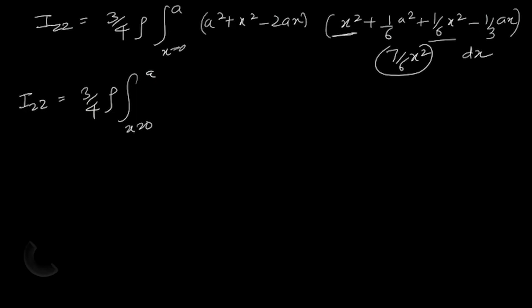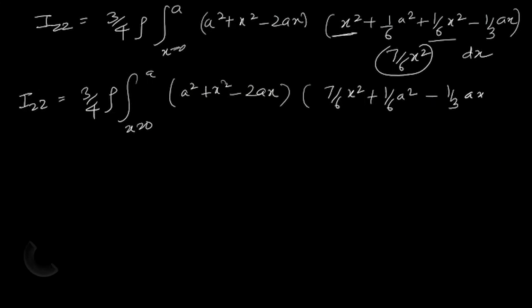So let's multiply these two terms. Let's first write it. So a squared plus x squared minus 2ax, times 7 over 6 x squared plus 1 over 6 a squared minus 1 over 3 ax, dx. So let's multiply. So Iz is equal to 3 over 4 rho, x from 0 to a.